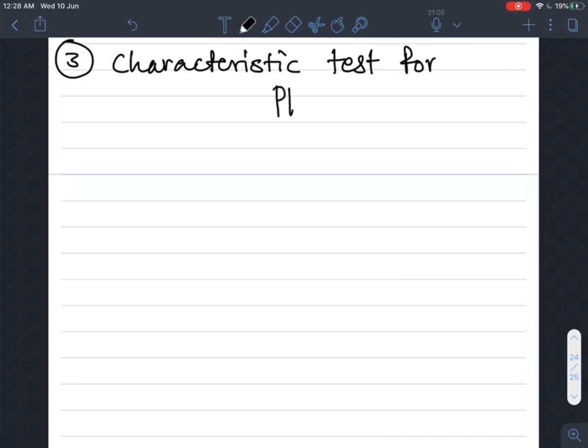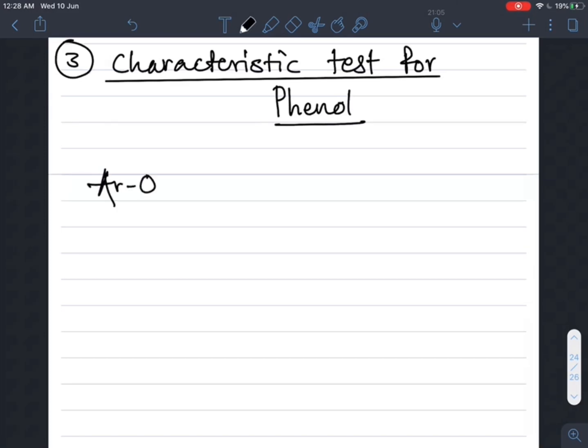Phenol is identified by using this test, which is the laboratory test used for the detection of phenol. So what is this test? When phenols, general formula ArOH, are treated with aqueous neutral ferric chloride, FeCl3, and its name is very important, this is the ferric chloride test.